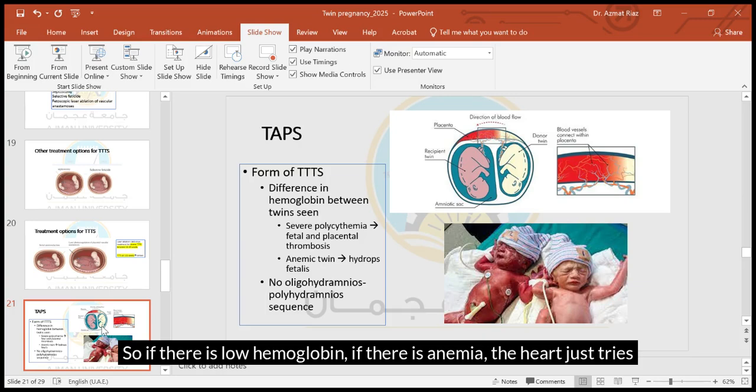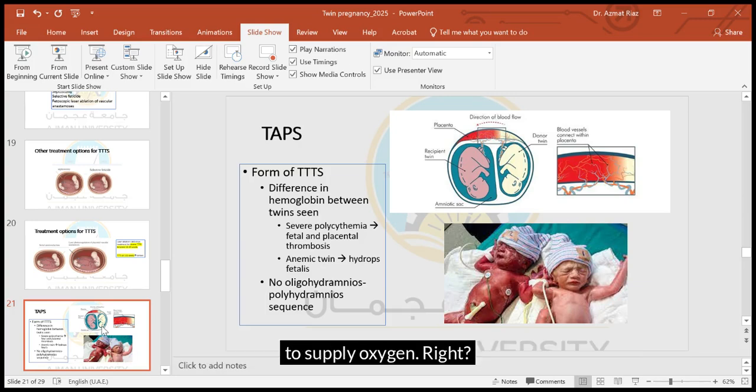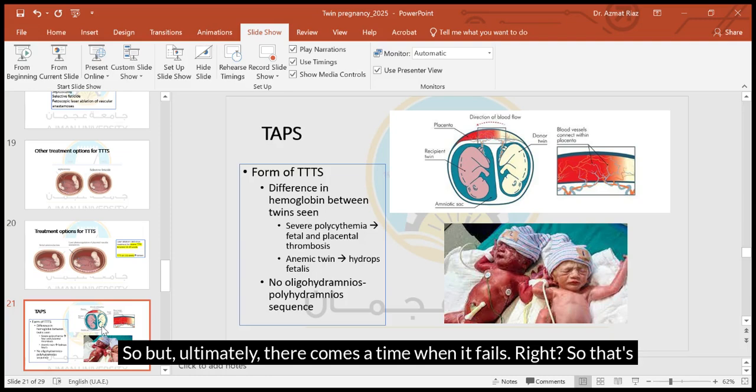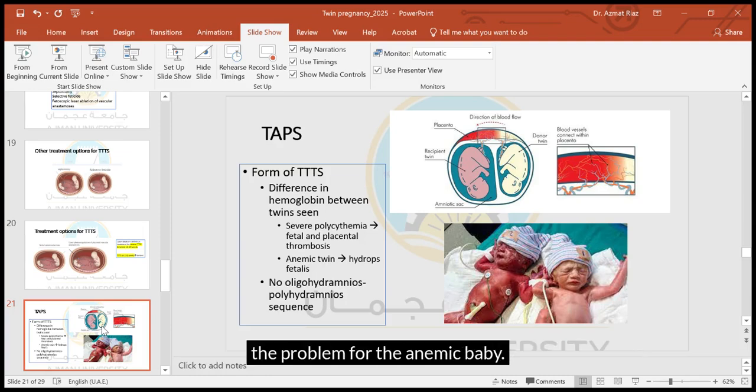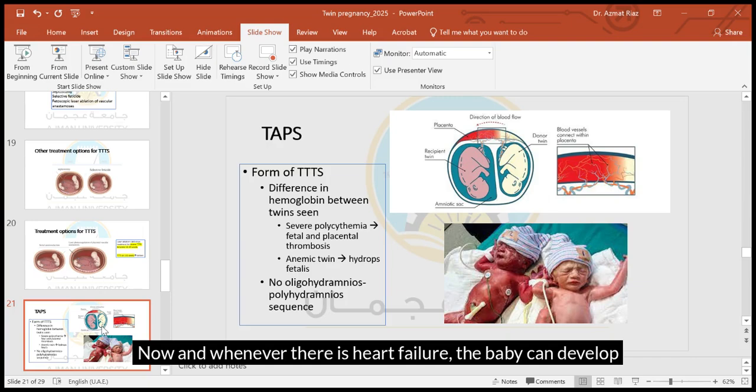So if there is low hemoglobin, if there is anemia, the heart tries to supply oxygen, and in that effort, it increases heart rate. So it has to work more. But ultimately, there comes a time when it fails, right? So that's the problem for the anemic baby. And whenever there is heart failure, the baby can develop hydrops.